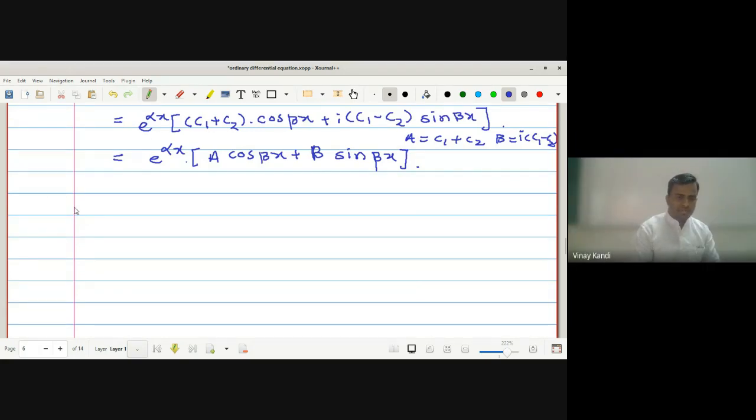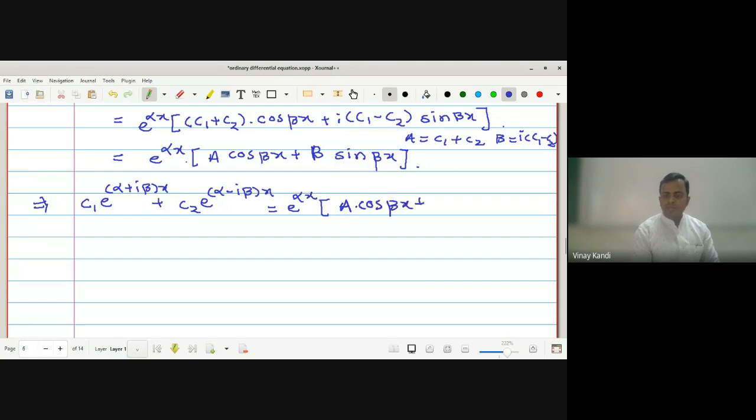Okay, hence which implies that C1 e raised to alpha plus i beta of x plus C2 e raised to alpha minus i beta of x is equal to e raised to alpha x into A cos beta x plus B sine beta x.